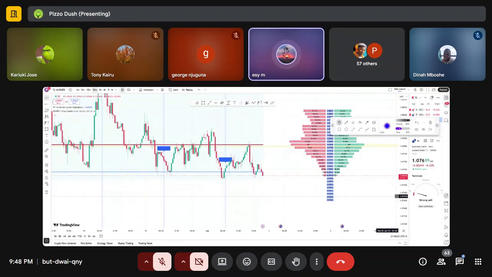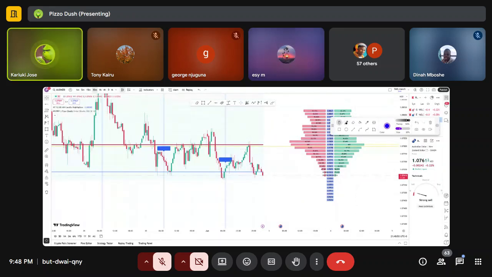Unapata maybe candle iko huku chini ama candle iko juu ya hii data, like hakuna current information ya data of the current position ya price ama current position ya candlestick.